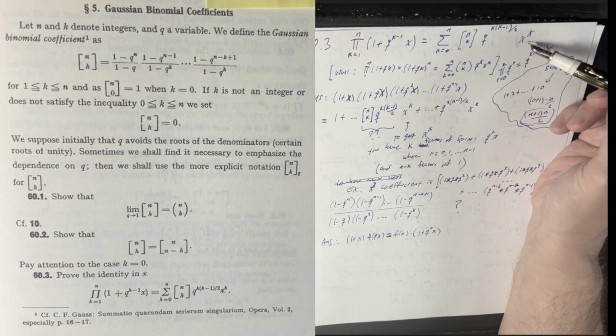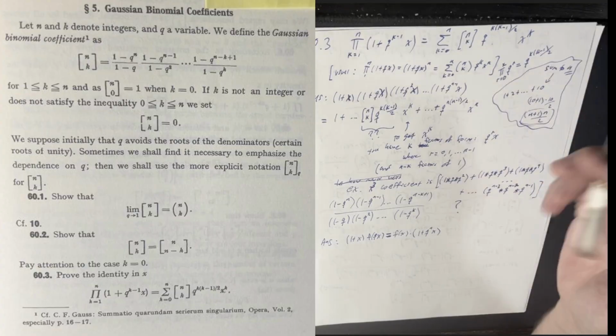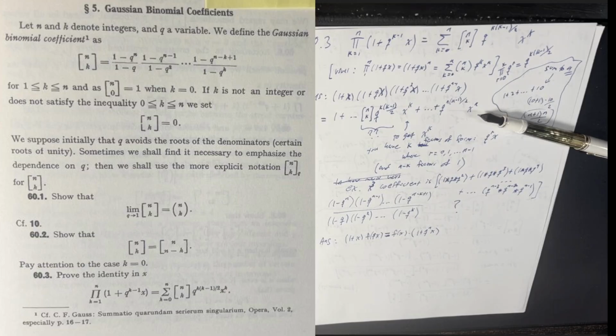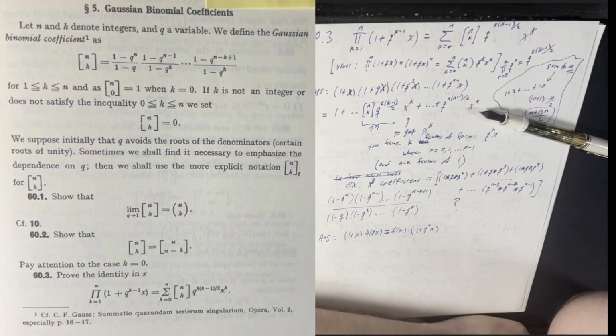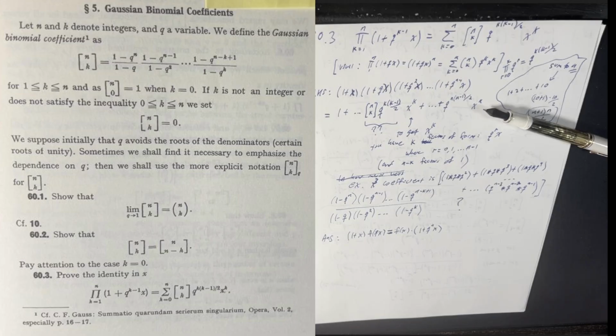In the case of k equal to 1, it's like you're just choosing which term you want, and your sum of all those is this. That part's obvious. If you're going the other way, n minus 1, you're picking one of these powers of q to not include, and you're doing that for every power.